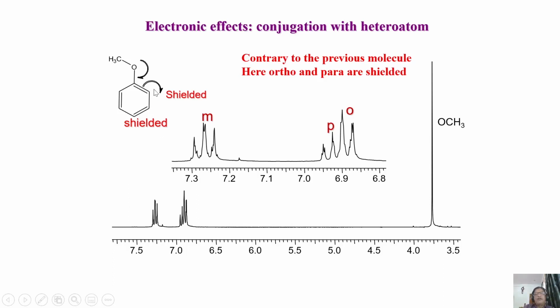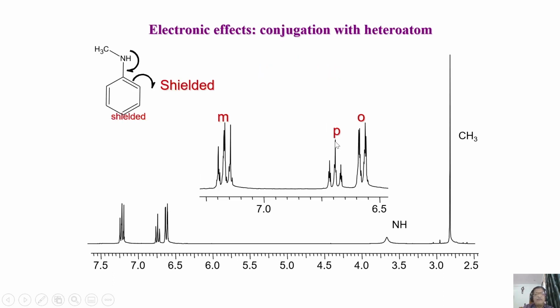But in this case, take the aromatic protons. The addition of an OCH3 group in this position makes the protons in the ortho and para positions shielded, whereas meta protons are de-shielded. Exactly what you see: meta protons come downfield, whereas ortho and para protons come high field.